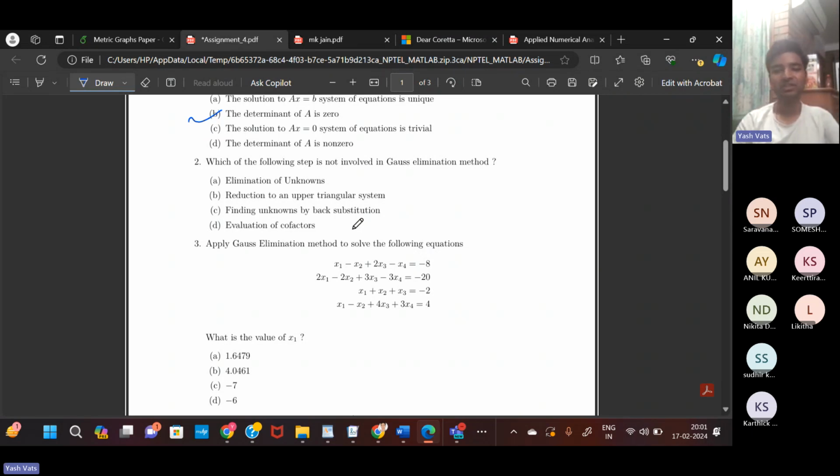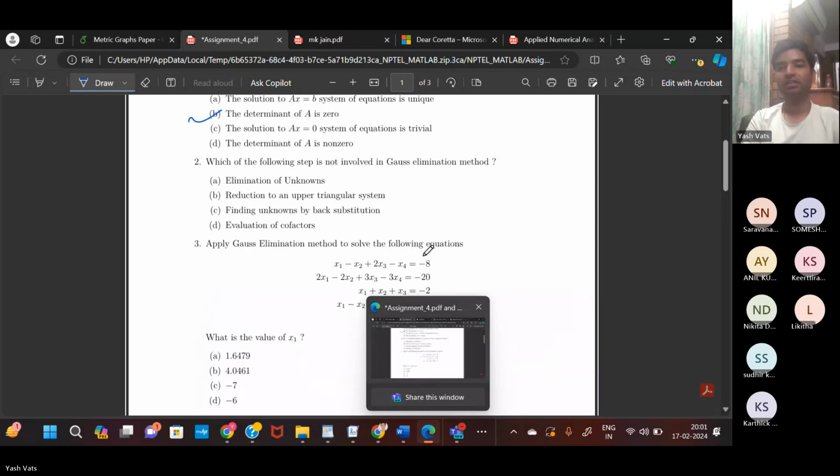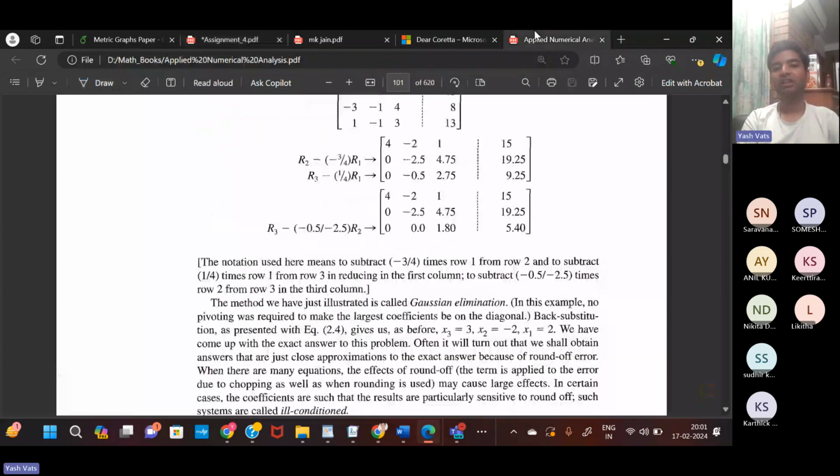We are trying to eliminate some extra coefficients in every step. You are creating zeros in the first column, so you're trying to eliminate x1 coefficients in the second row and third row.